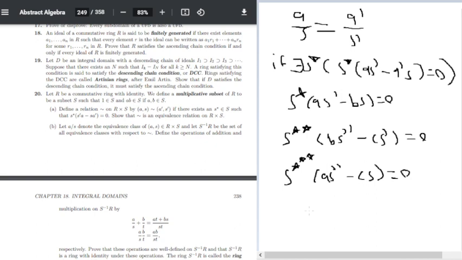So let's think. First of all, let's consider the fact that in this equation, using the distributive property, we have S star A S prime minus S star BS is equal to 0. As well, we have S star B S prime prime minus S star C S prime is equal to 0.